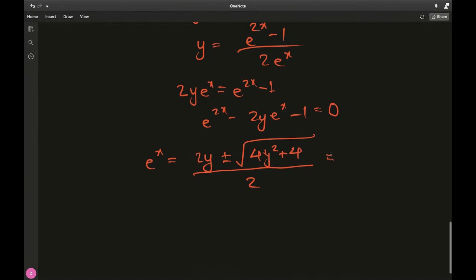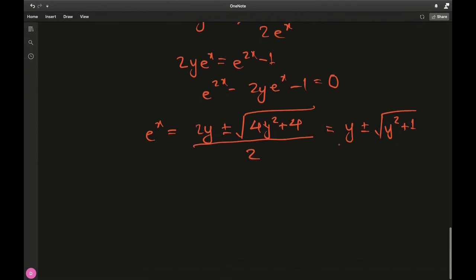So stuff is going to factorize out. If you factorize out the square root of 4, which becomes a 2, then 2 cancels out everywhere. So e to the x is y plus or minus square root of y squared plus 1. Now take the natural log on both sides. So x is equal to natural log of y plus or minus square root of y squared plus 1.